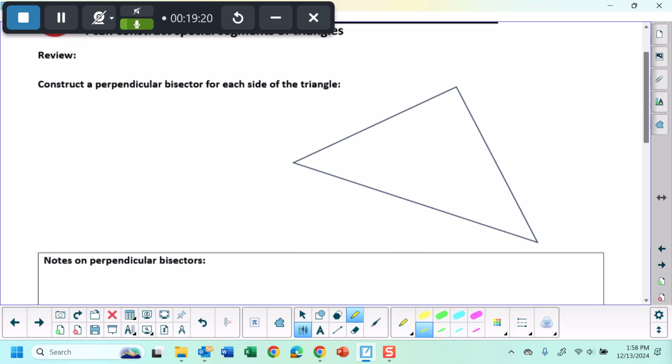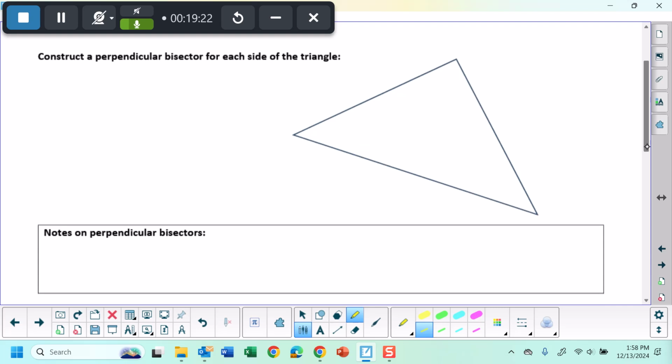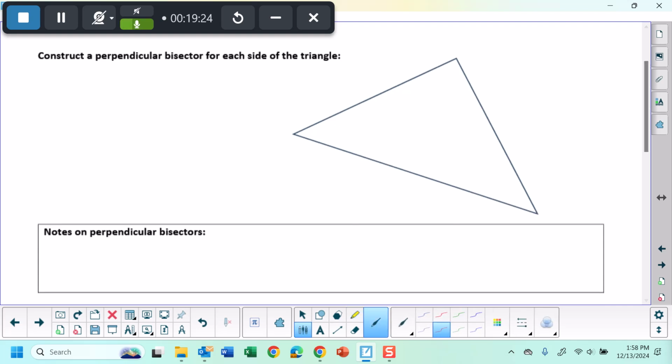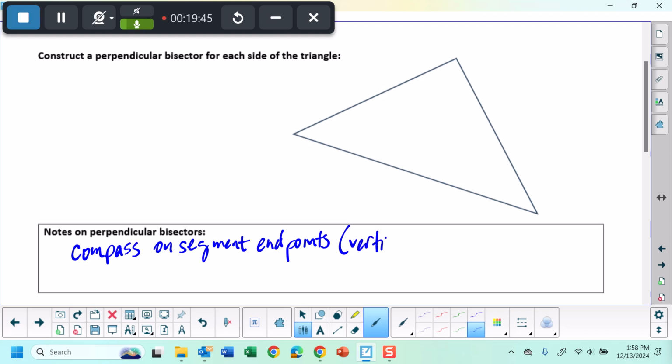When you're constructing a perpendicular bisector for each side, I want you to include some notes here on what it is that you did. So you put your compass on your segment endpoints, which, if it's a triangle, is the same as the vertices.